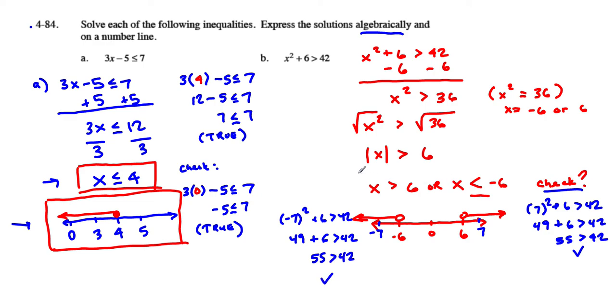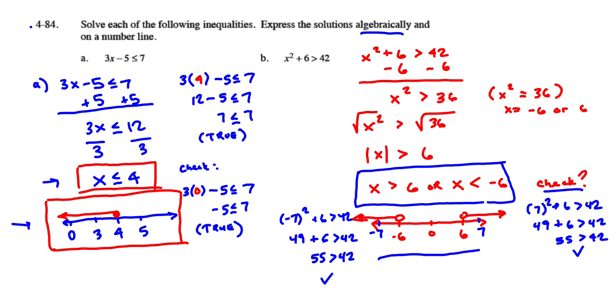So our answer here, x has got to be greater than 6, or let me clarify, this is not less than or equal to. So let me erase that here. I don't want anybody to get confused. There we go. And our number line is right here.